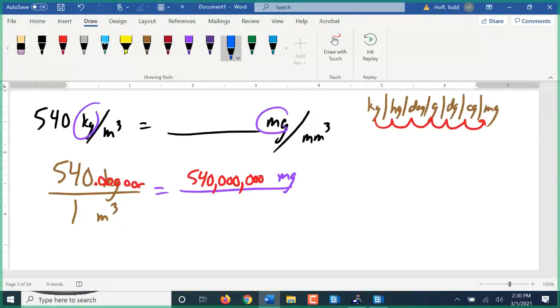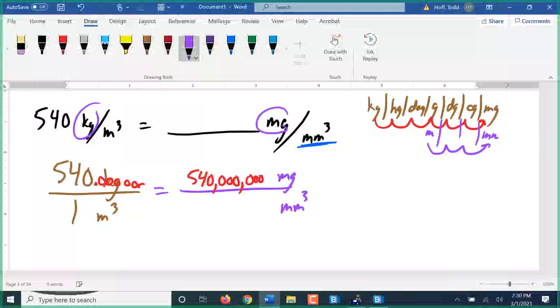Now for the meter cubed, going to millimeters cubed, on the chart from meters to millimeters, also 3 spots to the right, but this is cubed. So since it's cubed, every spot on the chart is 3 decimal places. So 3 spots on the chart turns into 9 decimal places.